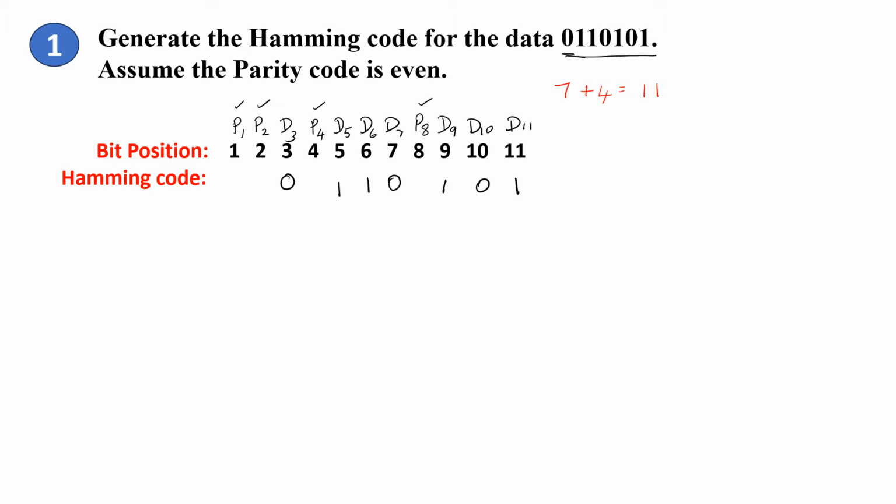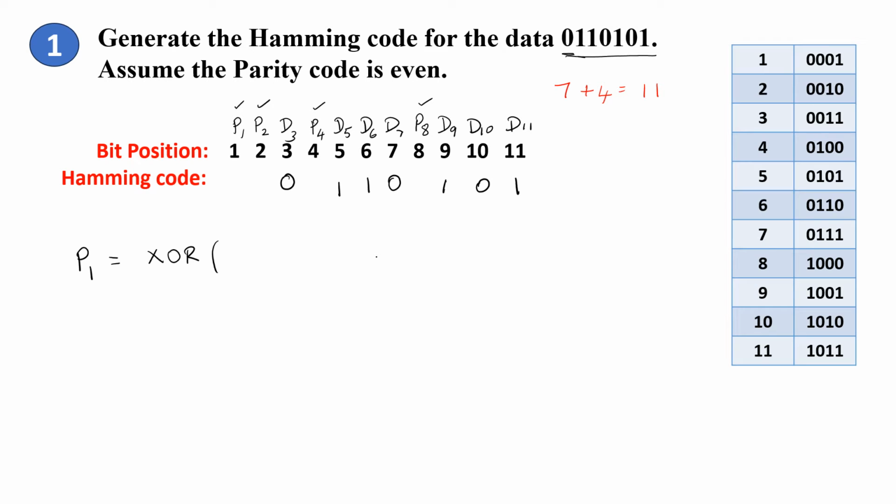First let us find the first parity, that is P1. P1 is found by using XOR of some data bits. So we should know which data bits we should take to find P1. For that, let's refer to this table.